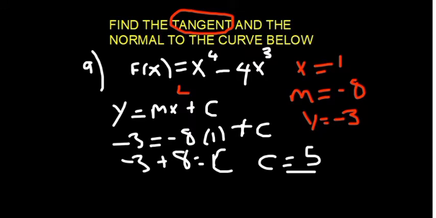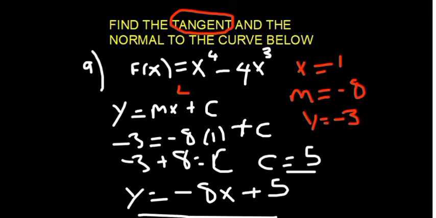We have our y. So for us to write the equation, our equation is going to be y is equal to, what is our gradient? Our gradient is -8. So it's going to be -8x plus 5. So we found the equation of the tangent to the curve that we had in this question.